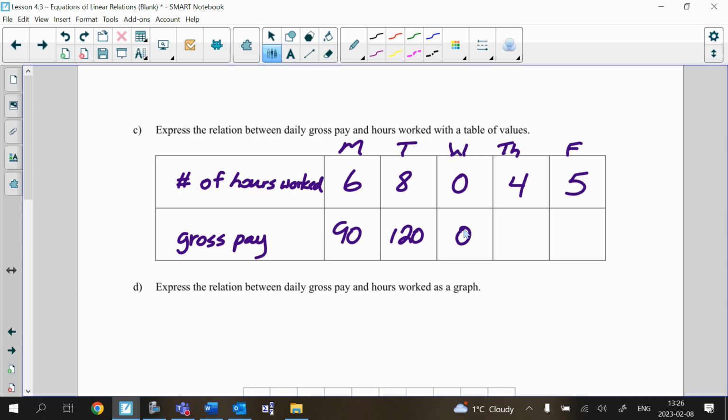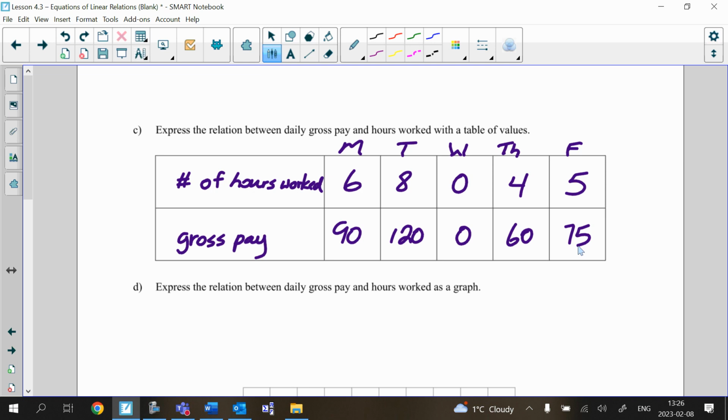And 5 times 15 gives us $70. Another way to show a relation. And we talked about this in the previous lesson, that we can show relationships using a table of values.